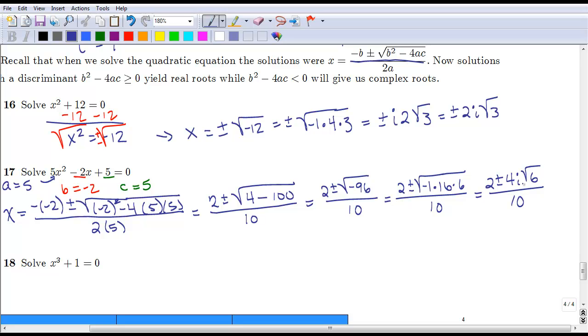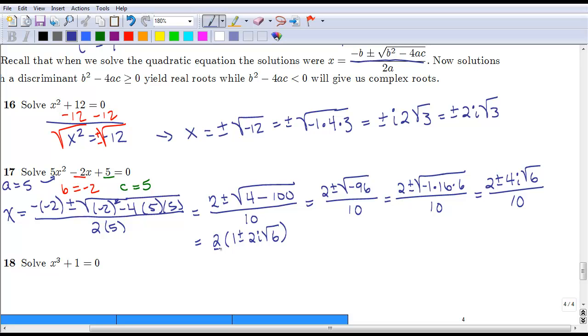Now there's one more thing we can do to simplify, and that is the fact that our 2, our 4, and our 10 all have a factor of 2 involved. So we can't take it out of the radical, but we can take it out of the real parts outside. So if we do that, we can factor a 2 out of the top, and we would be left with 1 plus or minus 2i root 6. Again, we can't factor anything out of the radical.